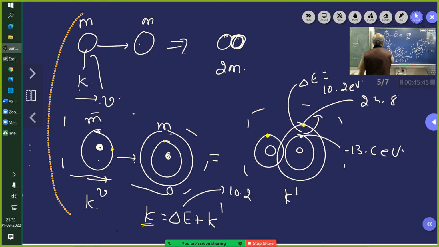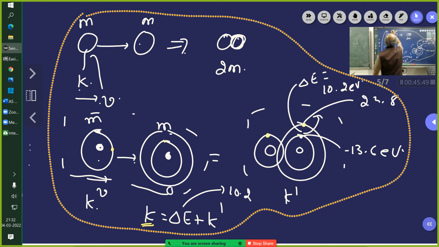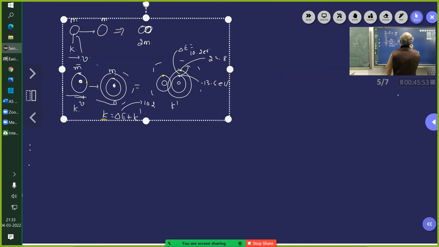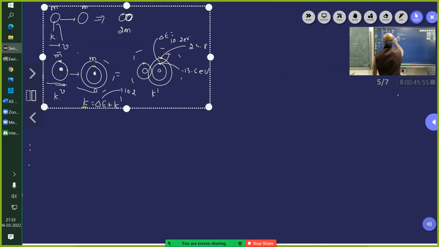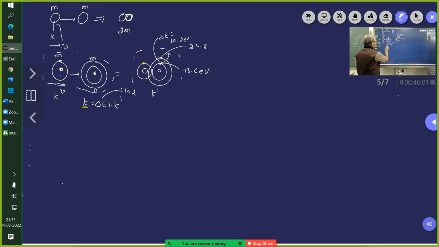Interesting problem. Now, what you have to observe is, what have we got in this equation? We have got an equation where K is unknown, which we have to find out, and K dash is another variable which I have assumed.